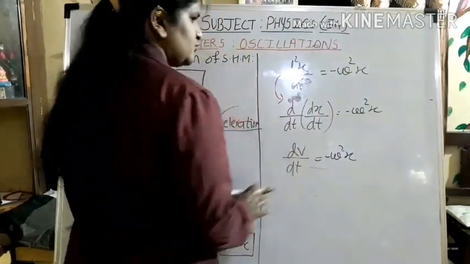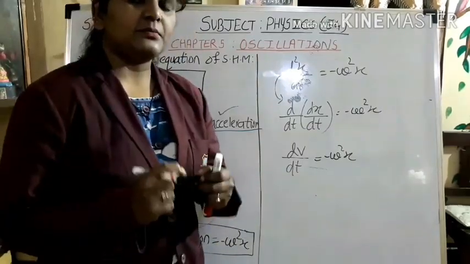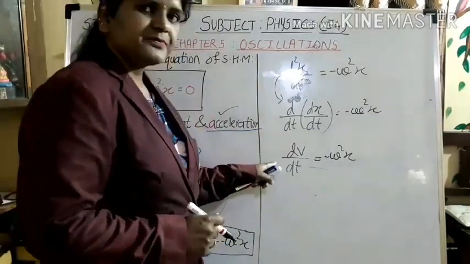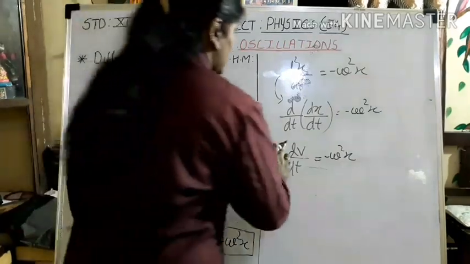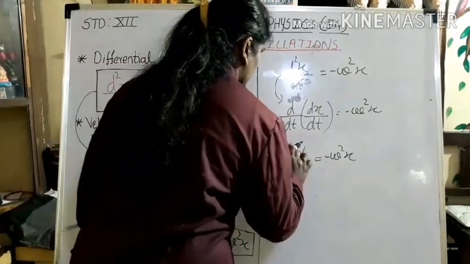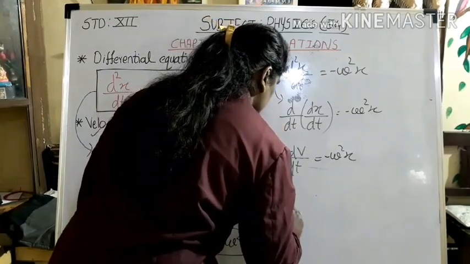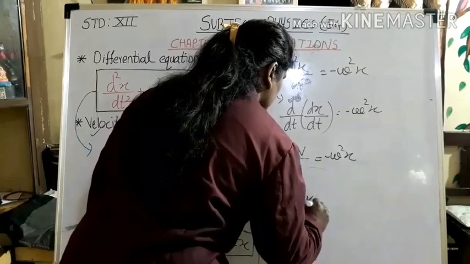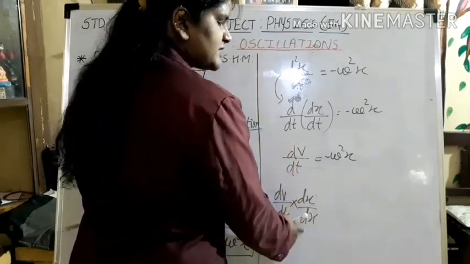Now what I am doing right here is multiplying and dividing by dx. Remember this term. It will become like this: I am multiplying by dx and dividing by dx.